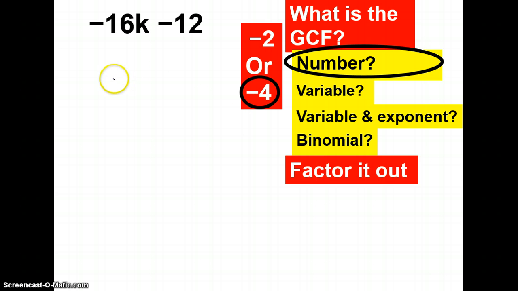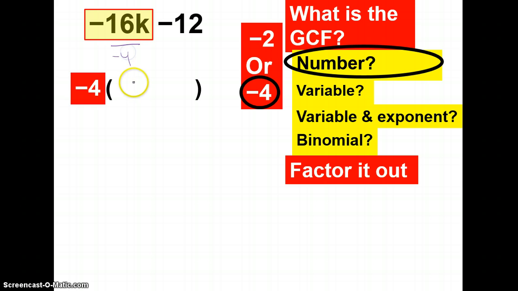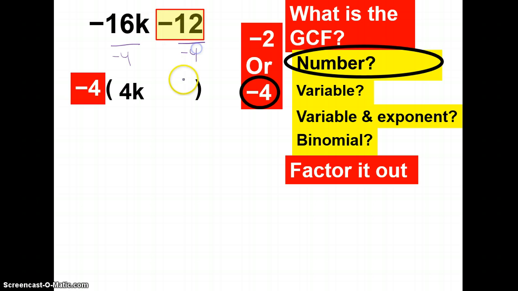So let's go ahead and divide that out. If I divide by -4, what do I get here? 4k. If I divide out a -4 here, what would I get there? Remember, I'm dividing. +3. Let's try another one.